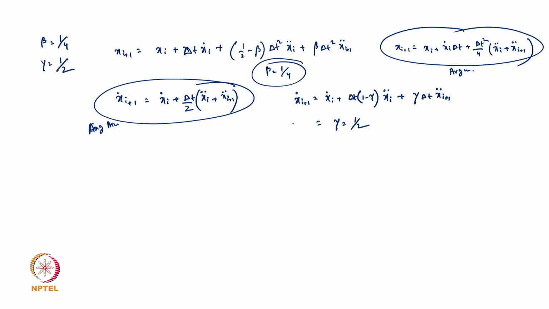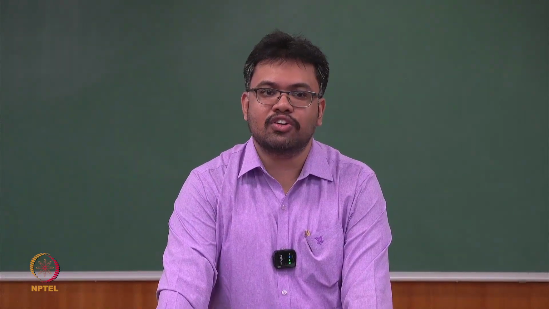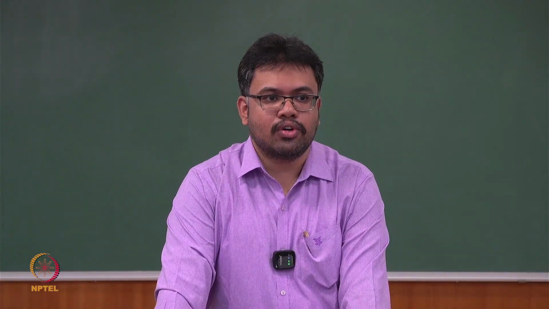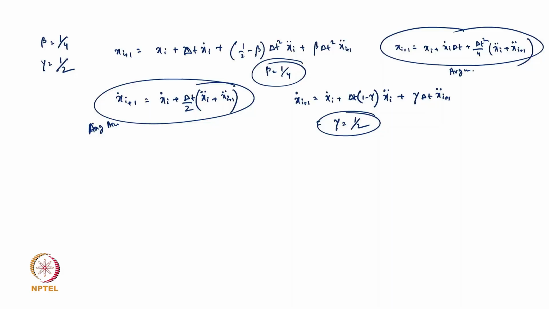Therefore beta 1 by 4 and gamma 1 by 2 converts your equation to the average acceleration method. But if you thought that average acceleration means your jerk is 0, that will not give you the correct solution.